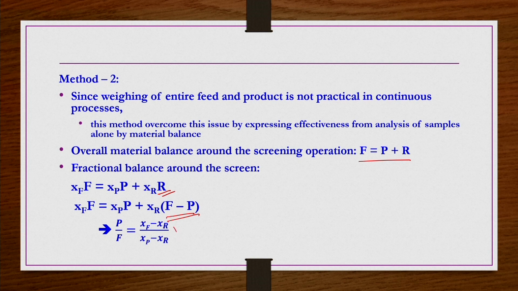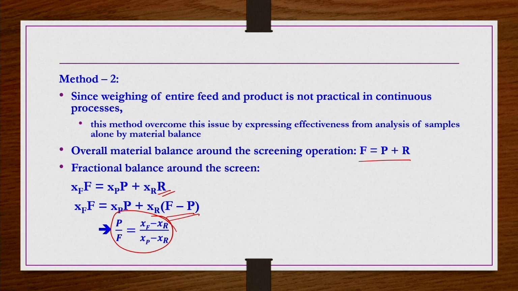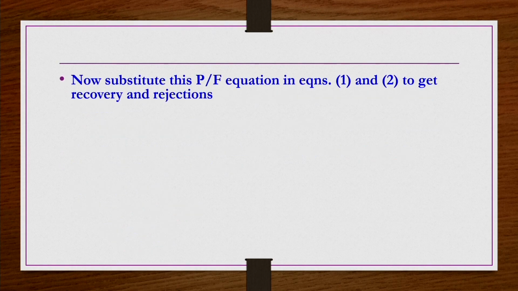Simply substitute this P by F in equation number 3 of method 1. You will get the effectiveness by this method 2, where you do not need to know the weight of the feed, the product or the rejectant. You can know it based only on the mass fractions obtained by the screening method.